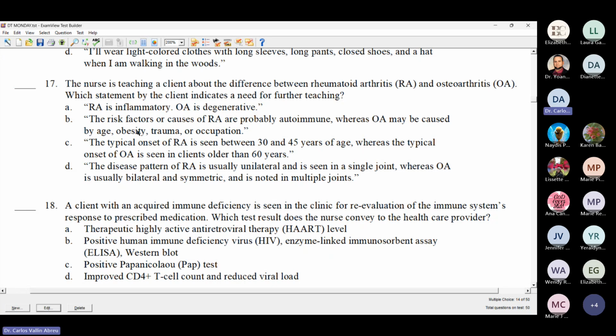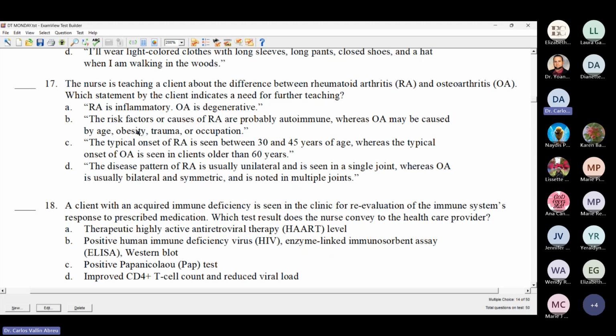The disease pattern of rheumatoid arthritis is usually unilateral, or it is wrong. Rheumatoid arthritis is very symmetrical. I have two knees, two hips, two ankles, two wrists, two elbows, two shoulders.